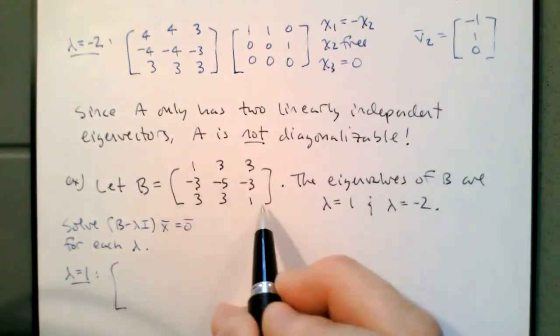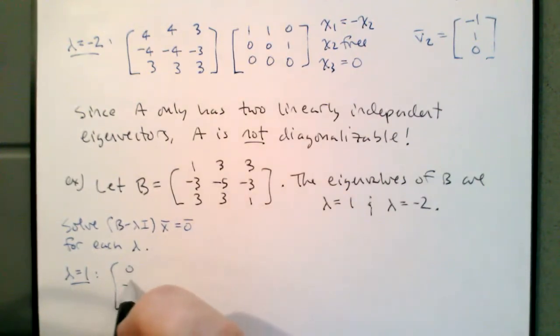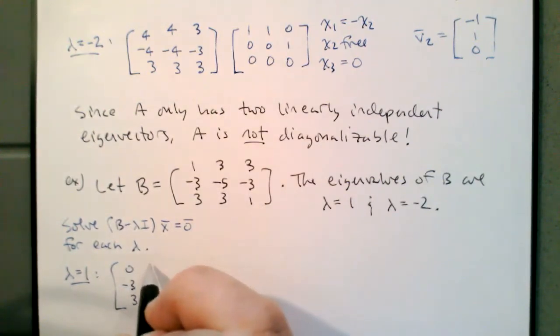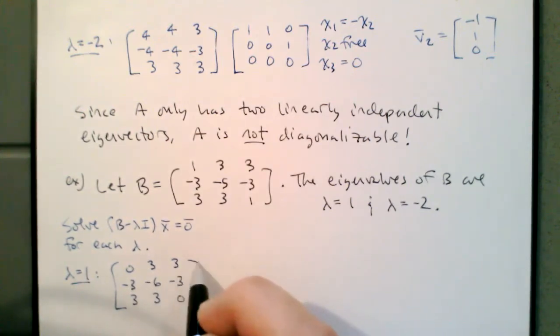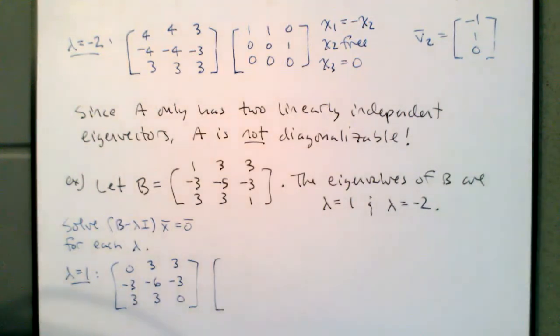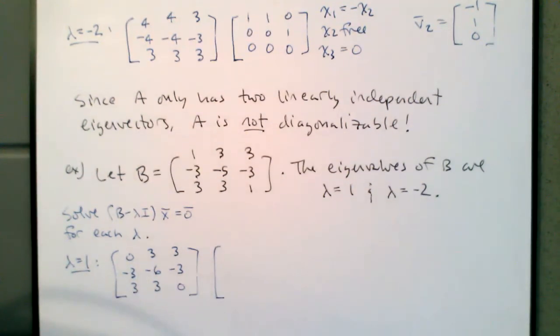I'm going to subtract 1 from the main diagonal, so I'll have 0, -3, 3, 3, -6, 3, and then 3, -3, 0. We'll find the reduced echelon form of this matrix, and it looks like that -2 is going to have to be our two-free-variable one.